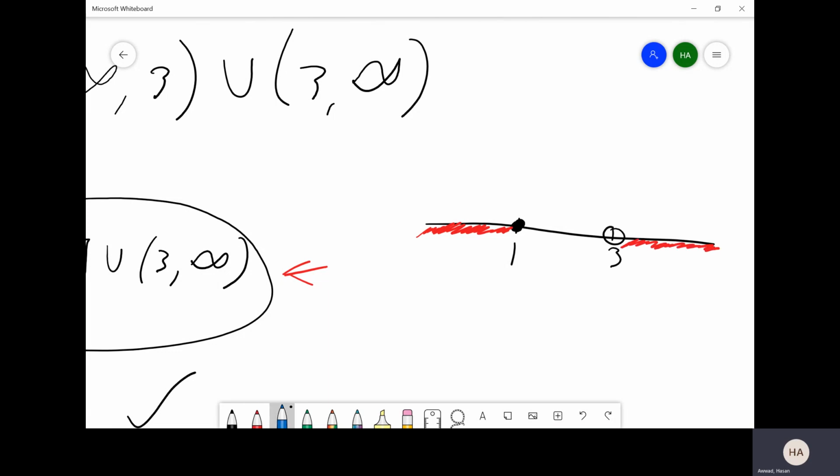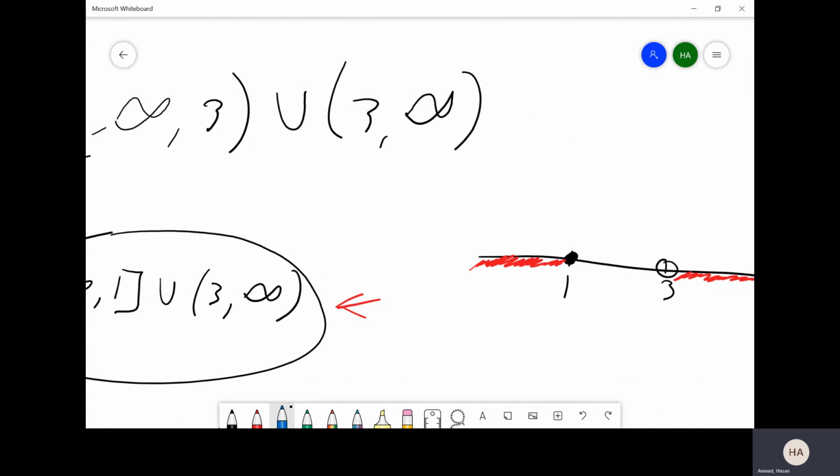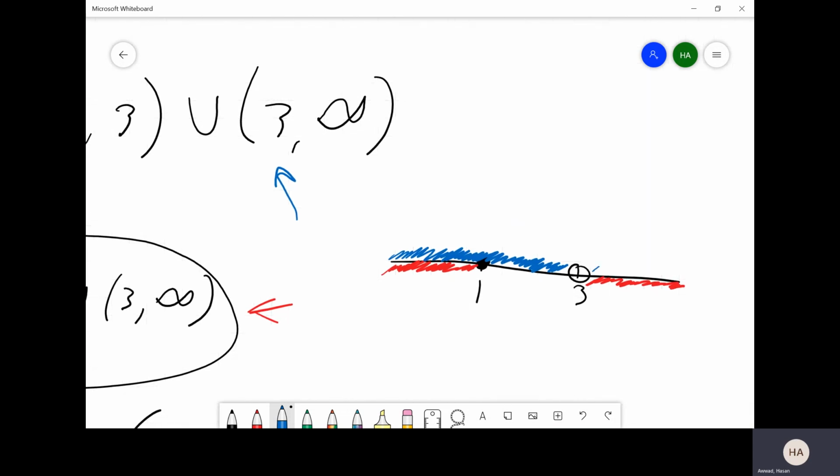And now over here, for the part in blue, we have all of the negative numbers and some positive numbers up until we hit 3. So we're including all of this and the open space over here up until we hit 3, but we don't include 3, and then all of these points afterwards.